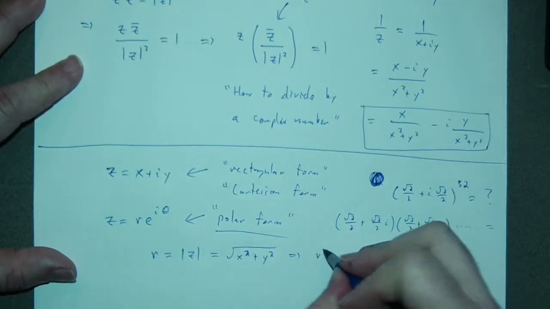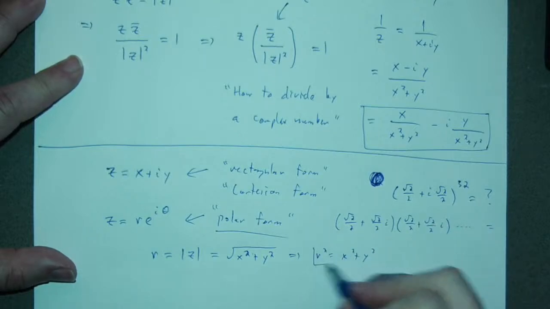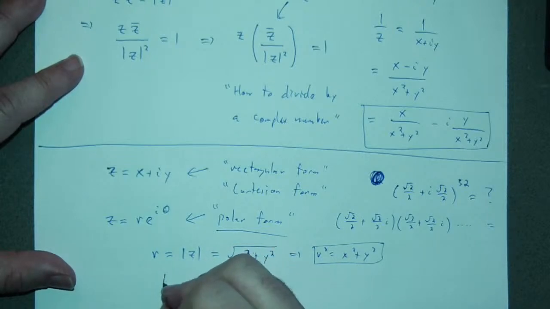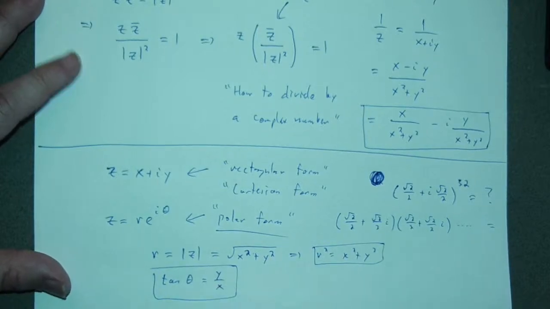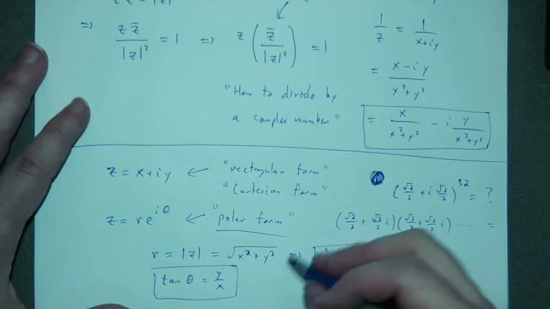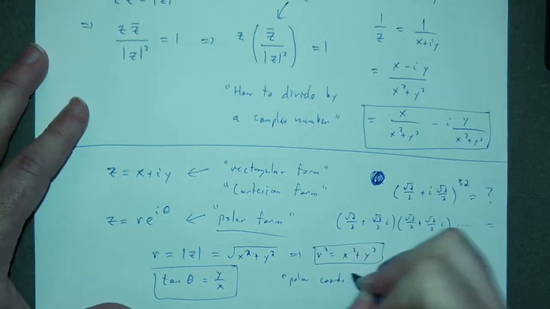That's saying that r squared is equal to x squared plus y squared. That is exactly what r satisfies in polar coordinates. And theta satisfies that tan theta is equal to y over x. This is just polar coordinates.